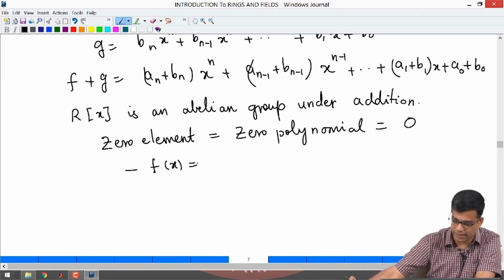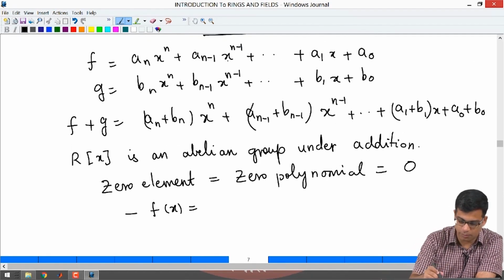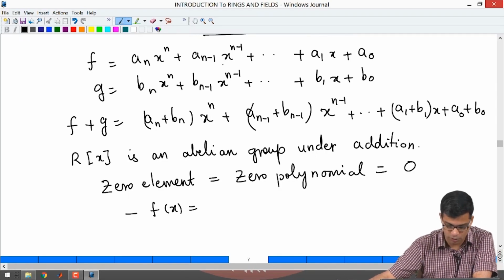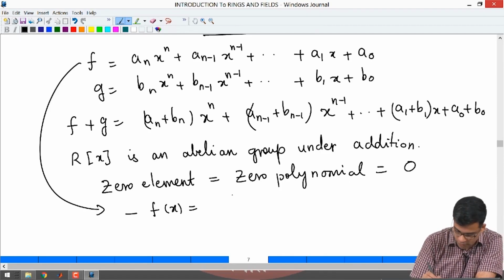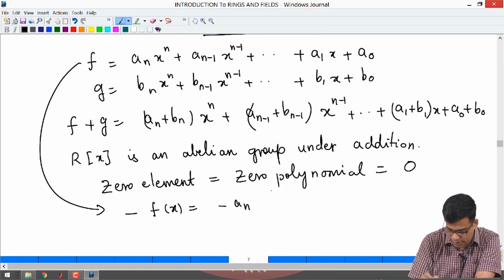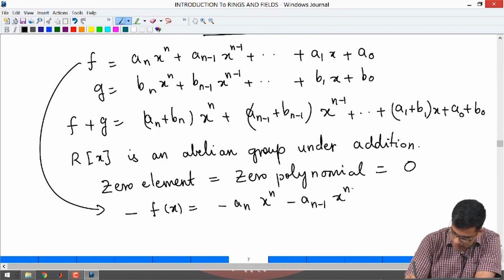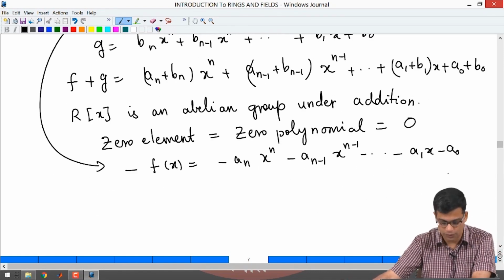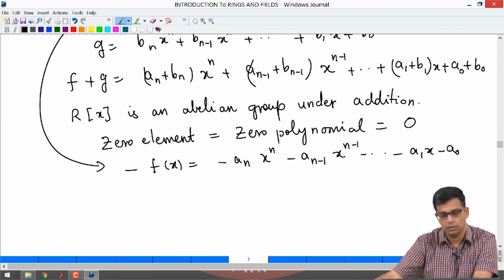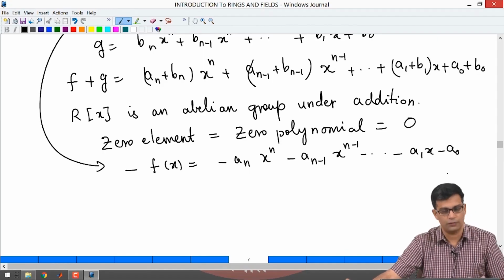So, if f is a_n x^n plus a_(n-1) x^(n-1) and so on, what is minus of f? That is clearly just minus a_n x^n minus a_(n-1) x^(n-1) and so on, minus a_1 x minus a_0, and associativity certainly holds, and you have in other words a group. So, so far so good, right.